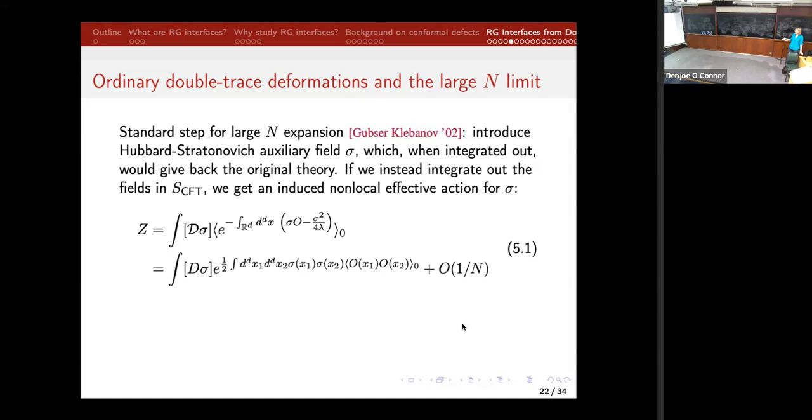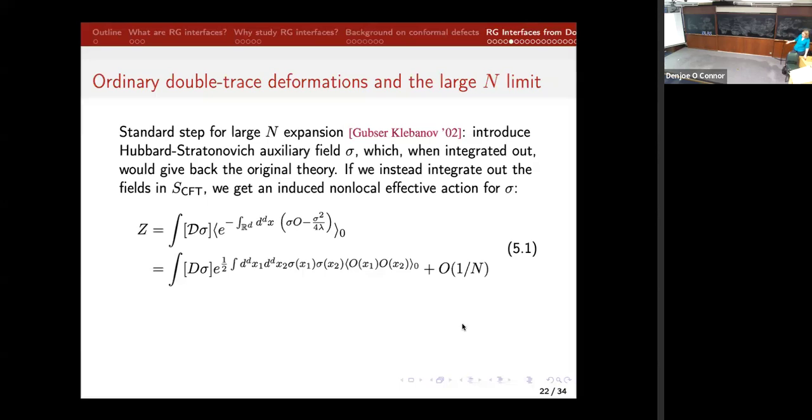Going from the first line to the second line, we're doing this large N approximation. We're using large N factorization, because the higher order terms in the full expansion of e to the sigma O are suppressed compared to the leading term, since those are connected.